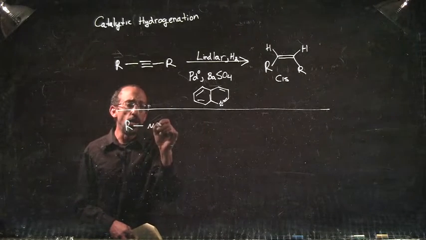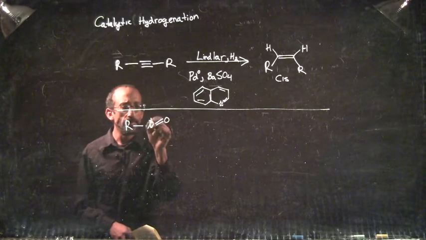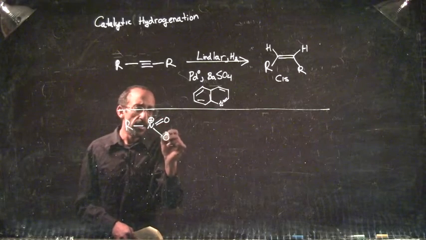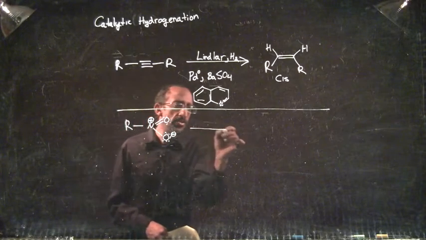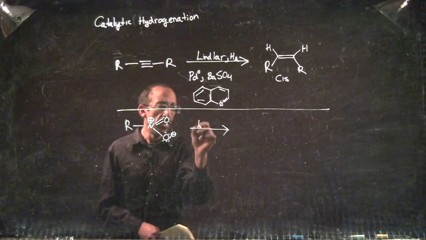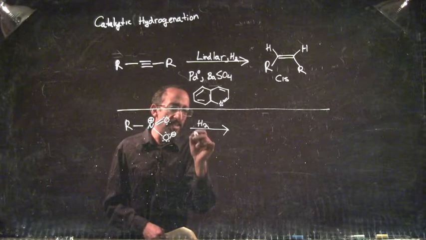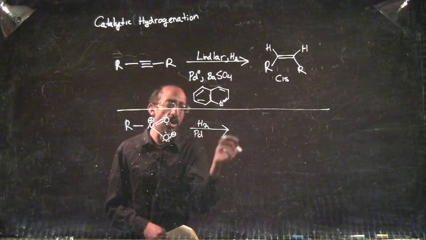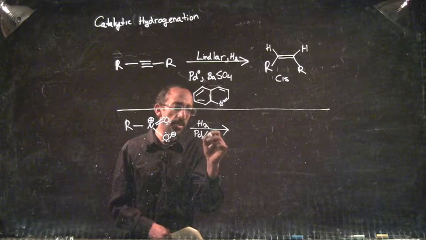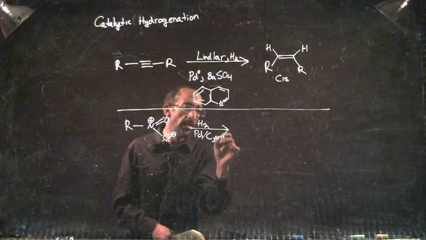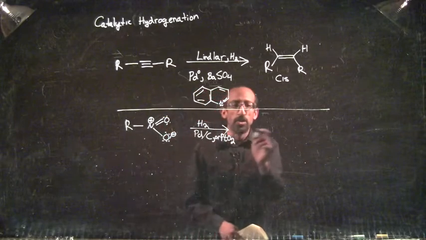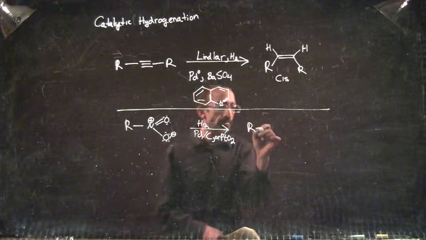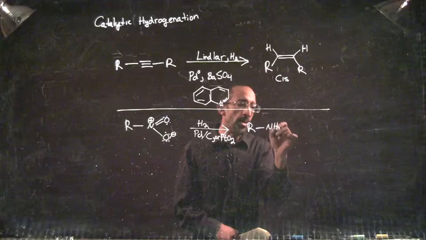So the nitro functional group can be reduced to an amine using hydrogen gas and our same conditions we saw in the last set of reactions, palladium on carbon or platinum oxide. And the nitro group then gets converted to a primary amine.